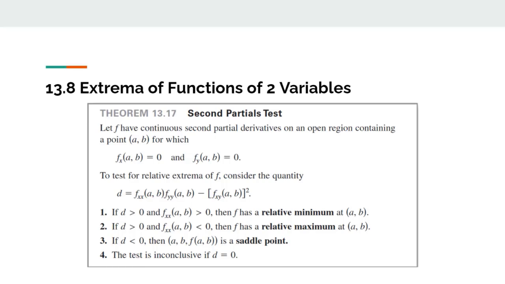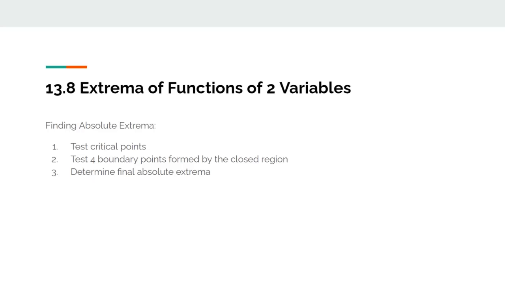I don't think they'll give you a D of 0. So either D is positive or D is negative. If D is negative, it's a saddle point. That means it looks like a maximum from one direction and a minimum from the other direction. We have a minimum if D is greater than 0 and the second partial of x is greater than 0, and we have this condition for relative maximum. So you guys can just remember these.